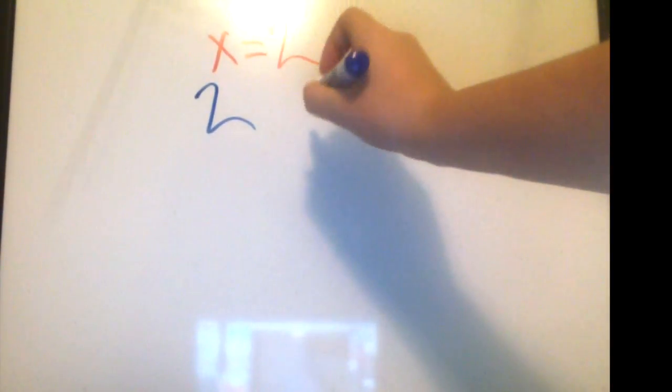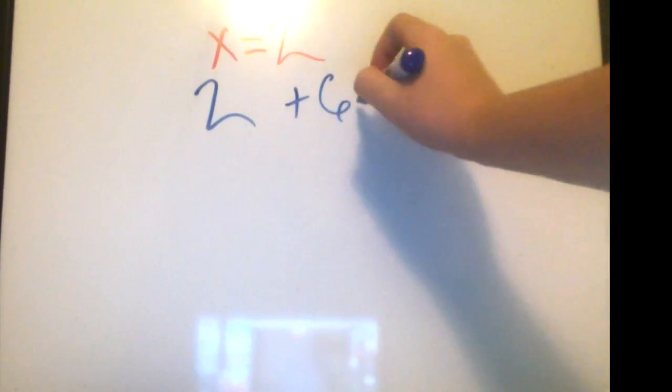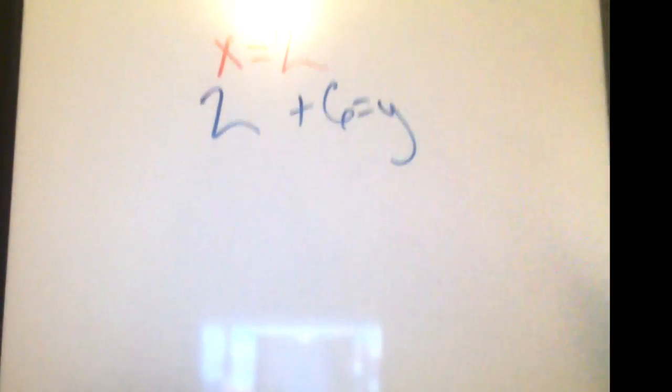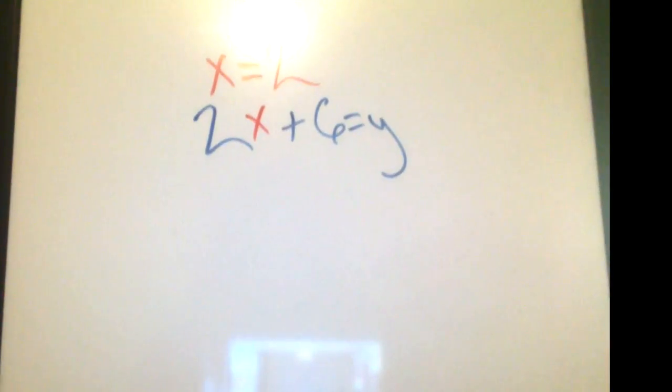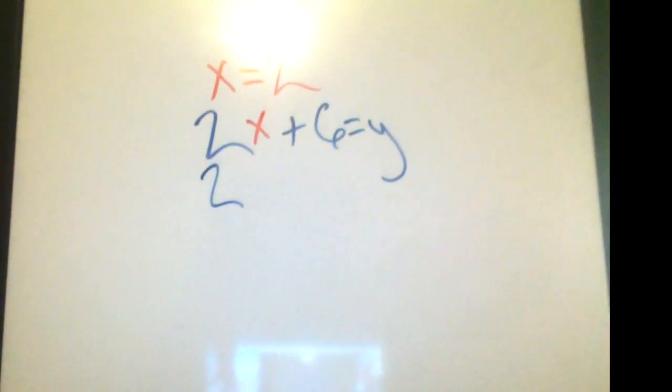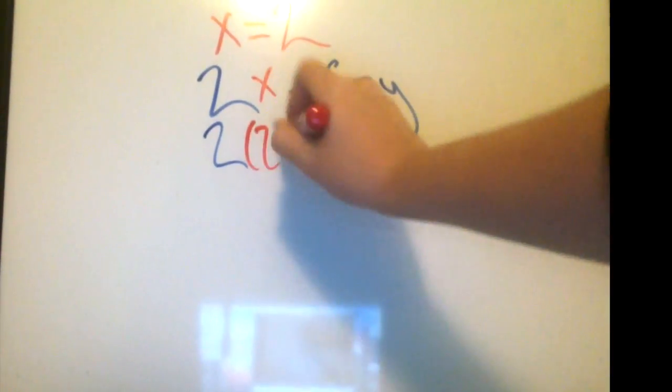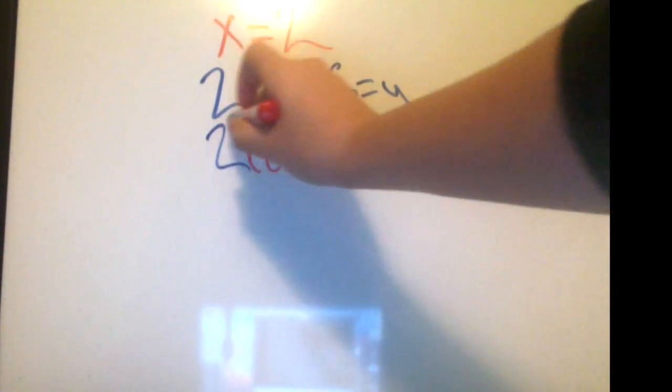The equation for solving for y at this time is 2x plus 6 equals y. x in this equation is 2. Plug in the x into the equation. 2 replaces the x in the written equation.